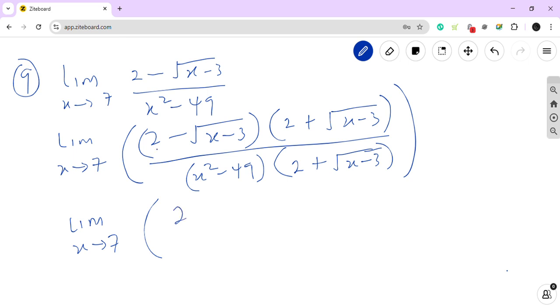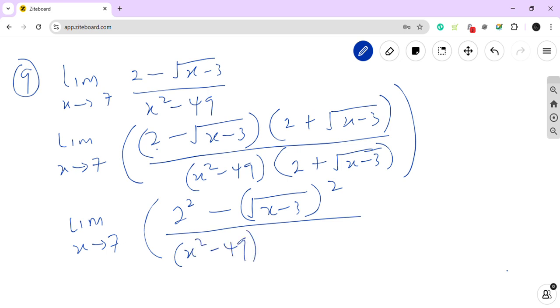Pick the first component, 2 squared, because the first one has minus in between and this next one has plus in between. So that's 2 squared minus, repeat the second component, root x minus 3 all squared, then over the down part we have x squared minus 49 into 2 plus root x minus 3.